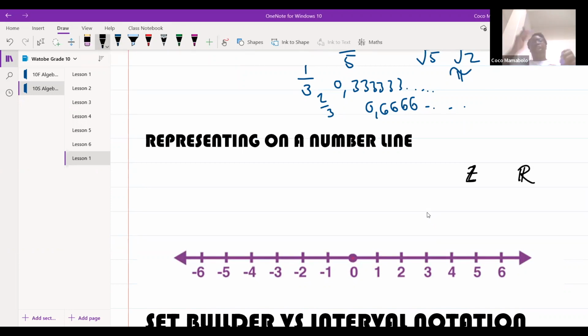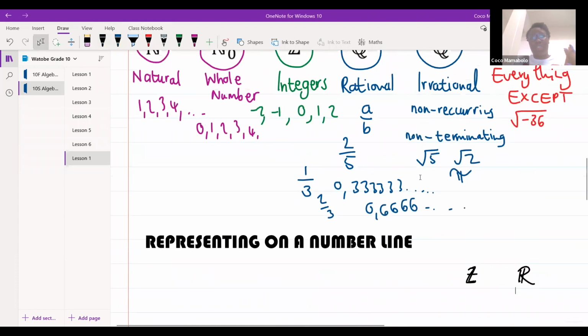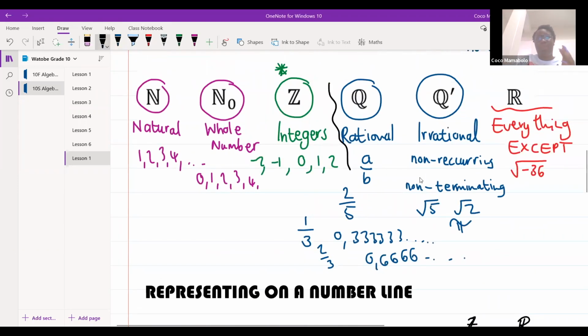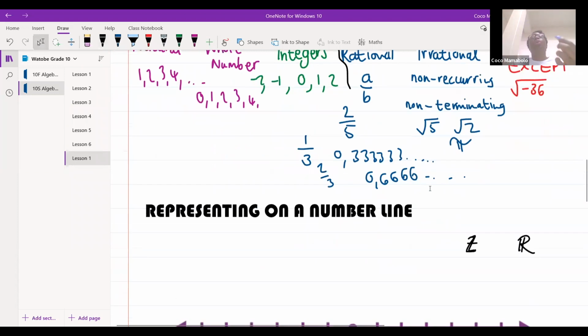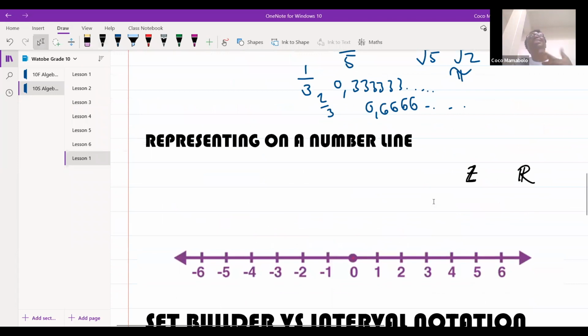Integers cover all whole numbers like 0, 1, 2, 3, 4, 5, -1, -2, -3, all of those. And then real numbers take rational, irrational, and all other numbers and put them all together. So we're going to look at how to represent integers on a number line.